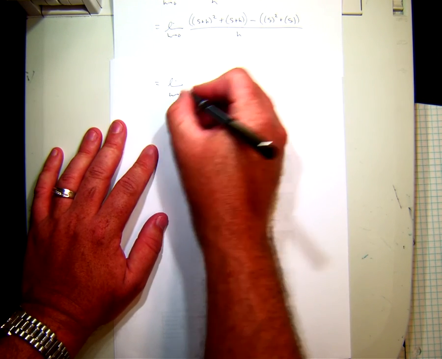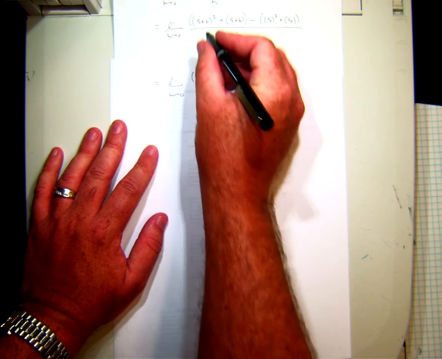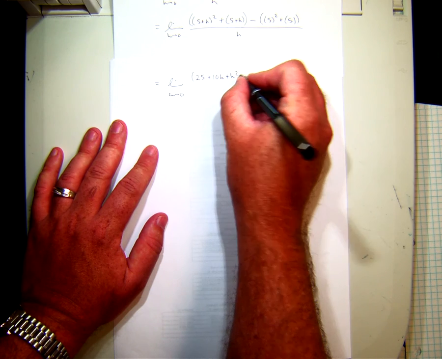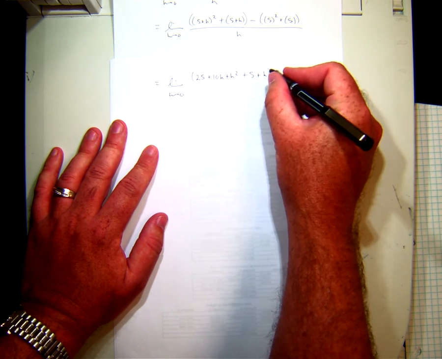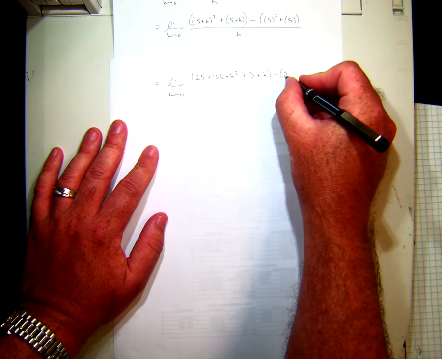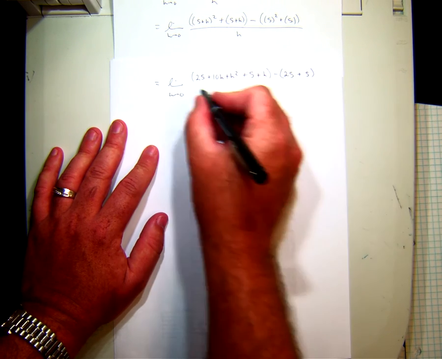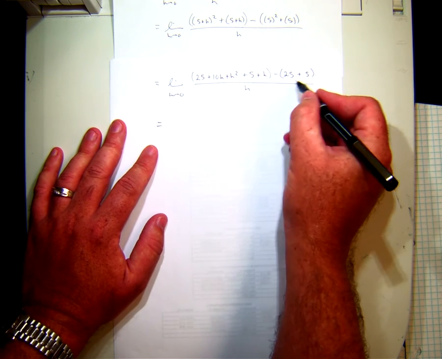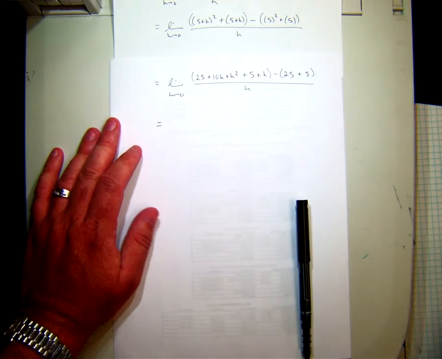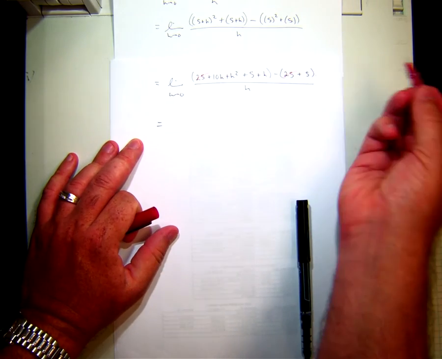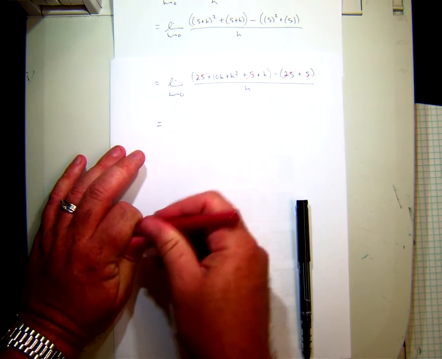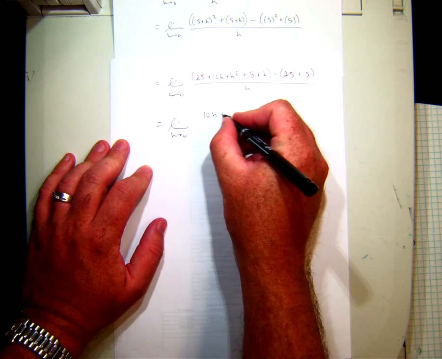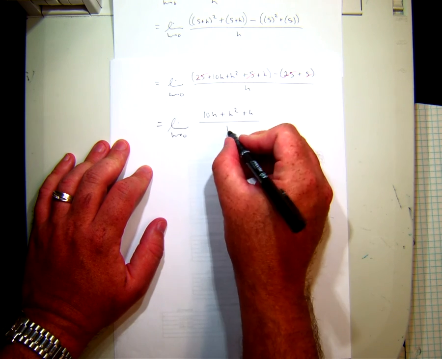Limit as h goes to 0 of, don't forget to FOIL this out, 25 plus 10h plus h squared plus 5 plus h minus, this is just 25 plus 5 all over h. Please notice the subtraction. That means everything over here is going to be subtracted and good things happen. It's 25 minus 25 and 5 minus 5. That all goes away. And you're left with this. 10h plus h squared plus another h all over h.